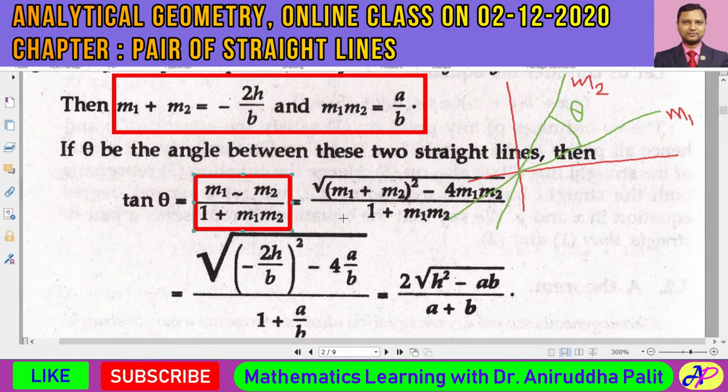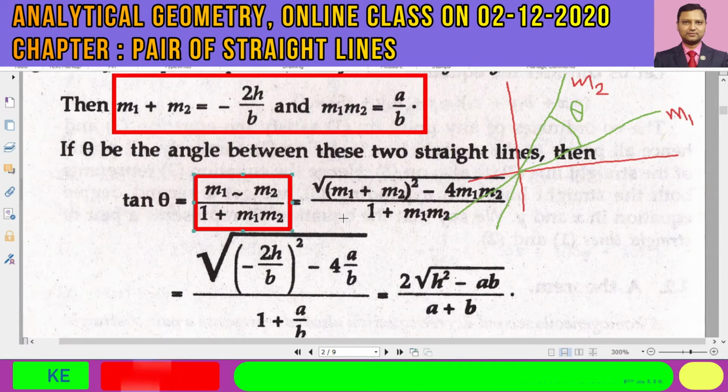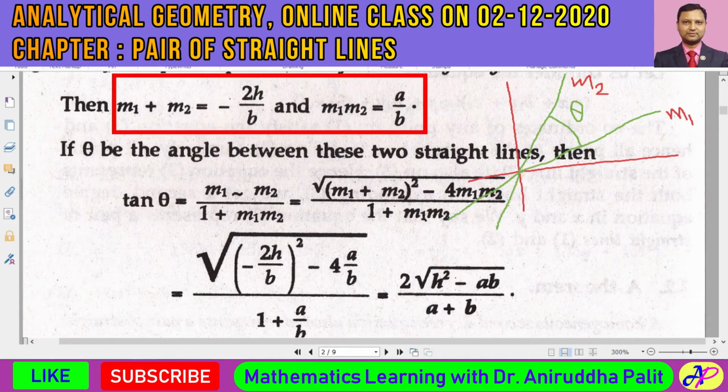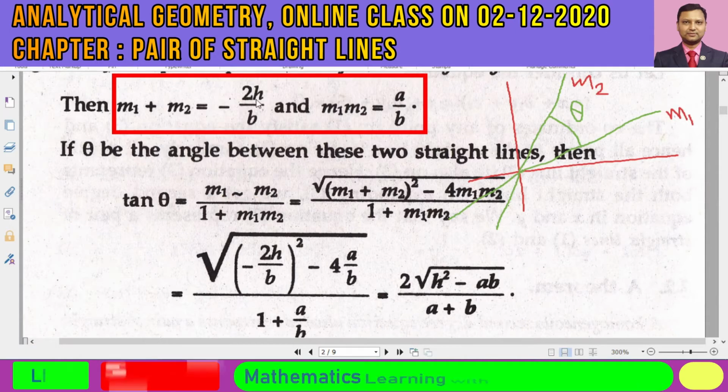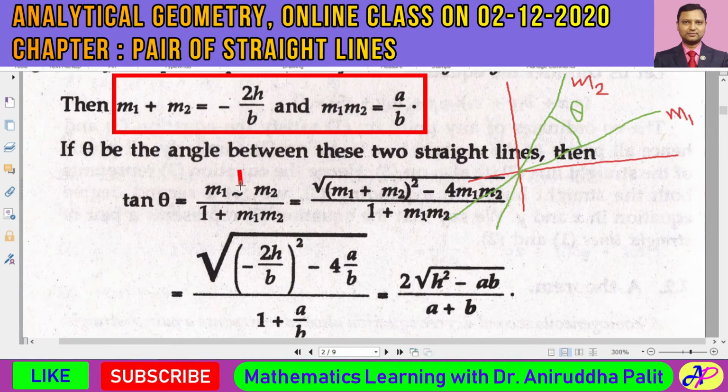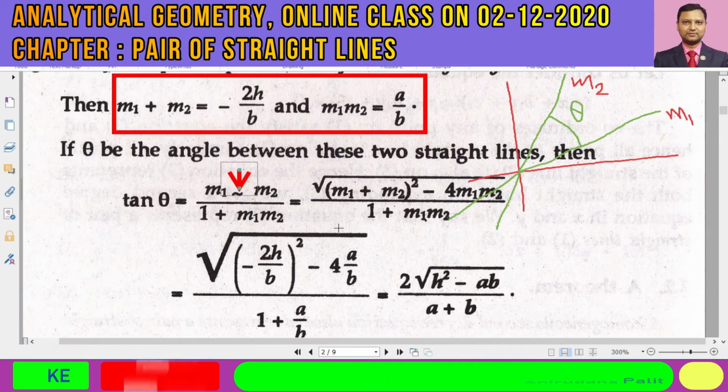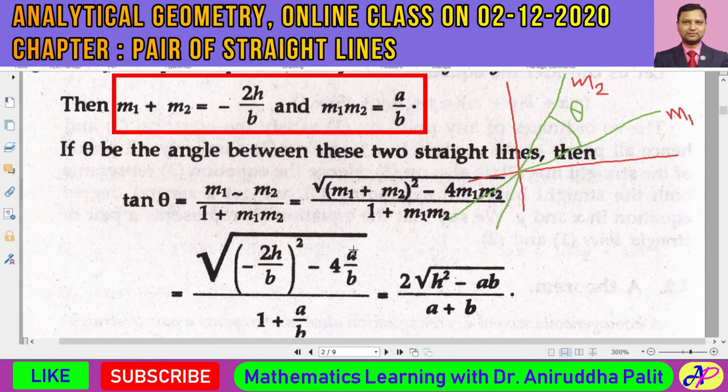That's why we generally write this expression as m1 difference m2. This m1 difference m2 means this is the difference operator. Got it? This is the tilde notation, the difference notation: m1 difference m2.